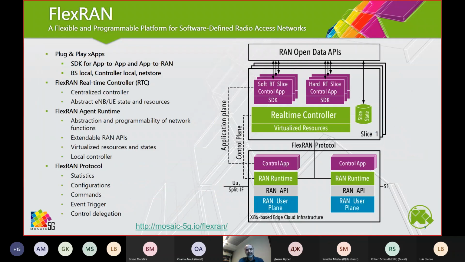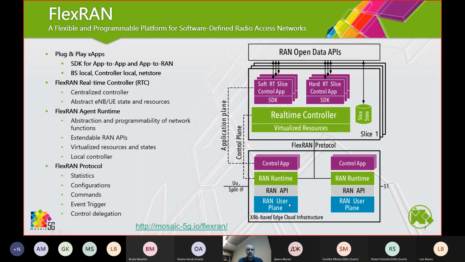So FlexRAN, I don't want to explain too much because I'm sure Robert is going to give you a good overview, but on the figure on the right-hand side, you see the conceptual, but also to a certain extent software, architecture of FlexRAN. On the bottom, the blue is OAI.